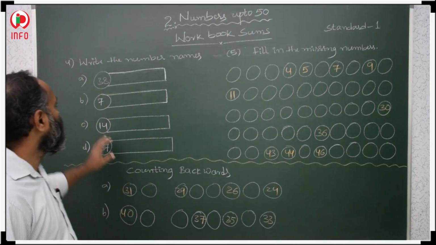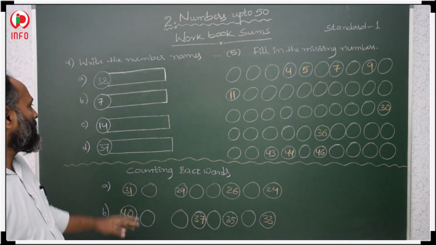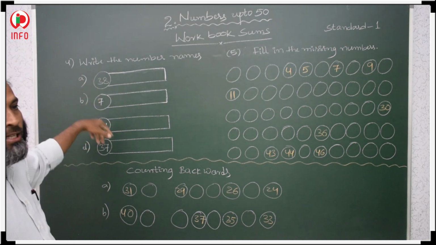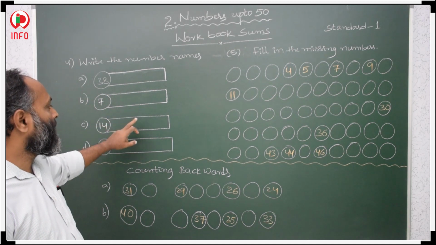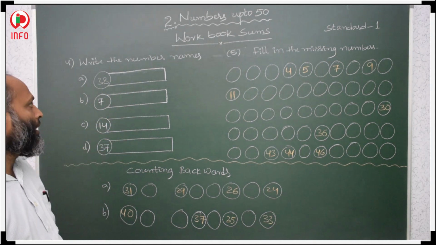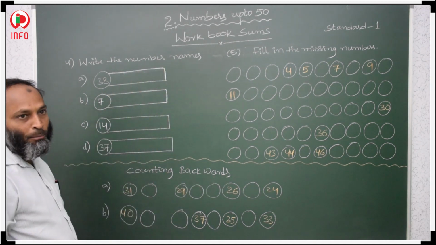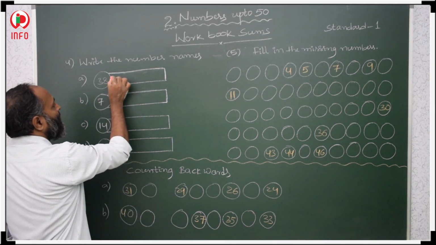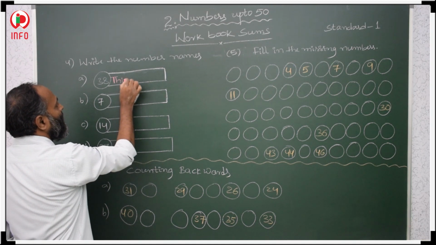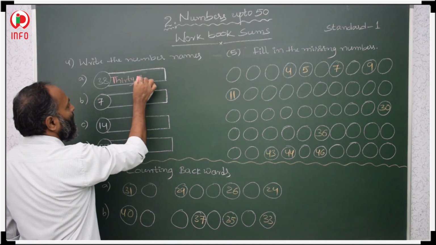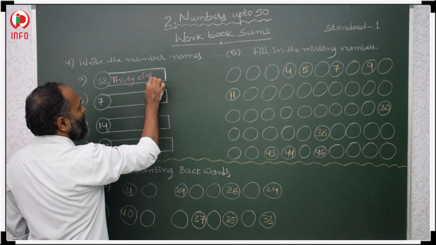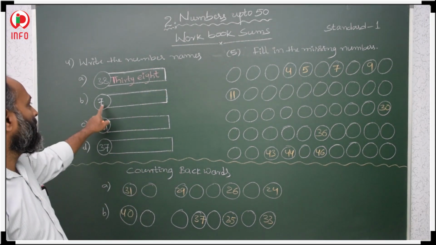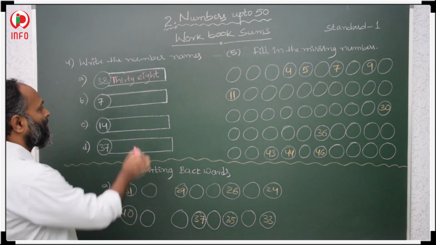Now students, here write the number names. Some numbers are given: 38, 7, 14, 37. These number names we have to write here, 1, 2, 3, 4, in words. 38 is THIRTY EIGHT. This is 7.